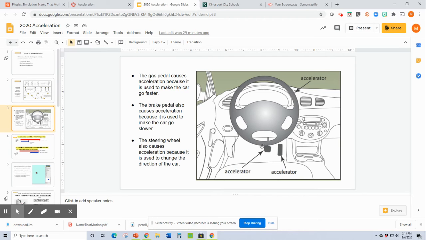You will learn that there is a brake pedal, and you will certainly hit the brakes to slow down, but we still consider that to be an accelerator. And then finally, here's your steering wheel, and you will learn how to move your steering wheel to change direction. And so, even the steering wheel is considered to be an accelerator in physics. Speeding up, slowing down, changing direction, all of those are considered to be acceleration.